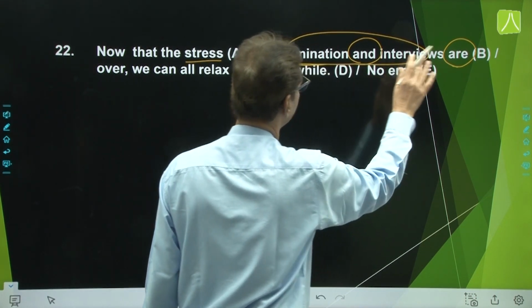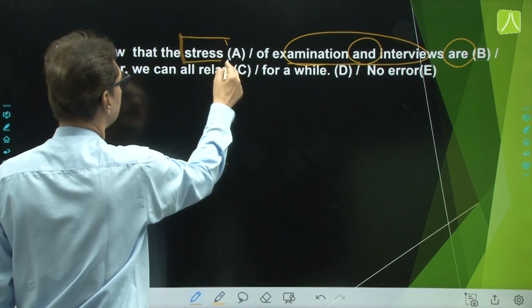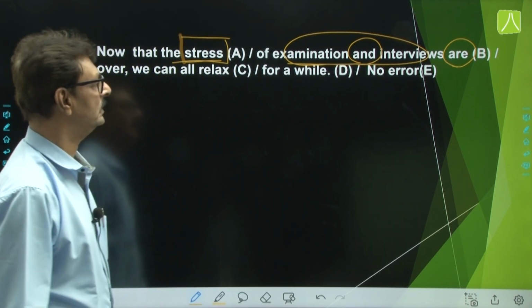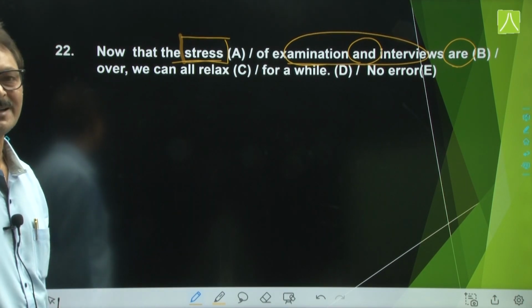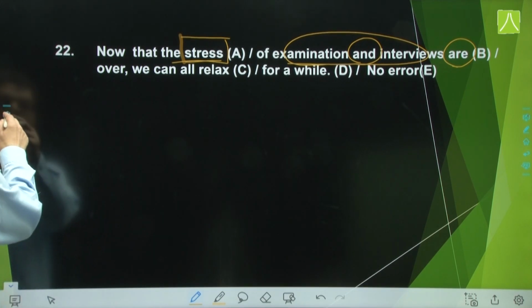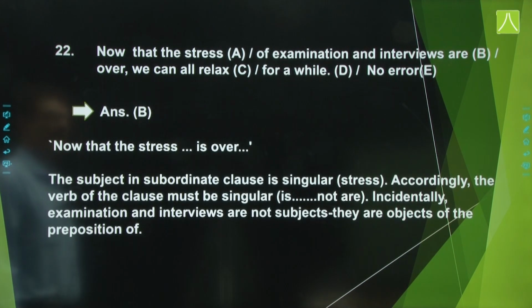Don't feel कि end है तो plural हो जाएगा. We are talking about stress. The main thing जिसकी हम बात कर रहे हैं, that is stress over here. So now that the stress is over, not are over. The error is in part B. Yes, you can go through the explanation which is there in front of you.